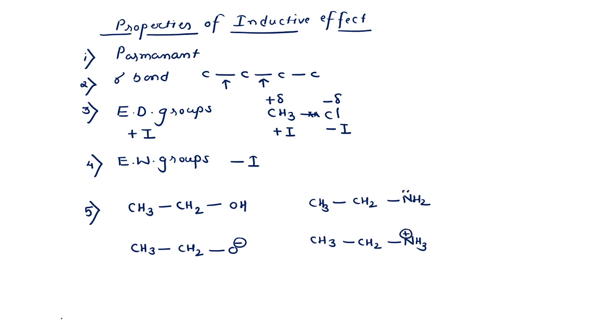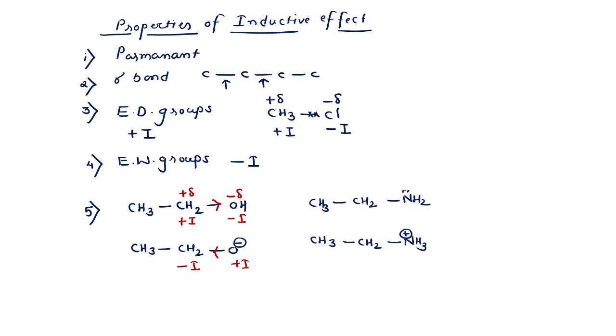All of you know that oxygen is more electronegative, so definitely it has a negative delta, and CH2 has a positive. So it has its plus side and its minus side. But when it becomes charged, the electron density on oxygen is more. So now this oxygen has its plus side and this CH2 has its minus side.